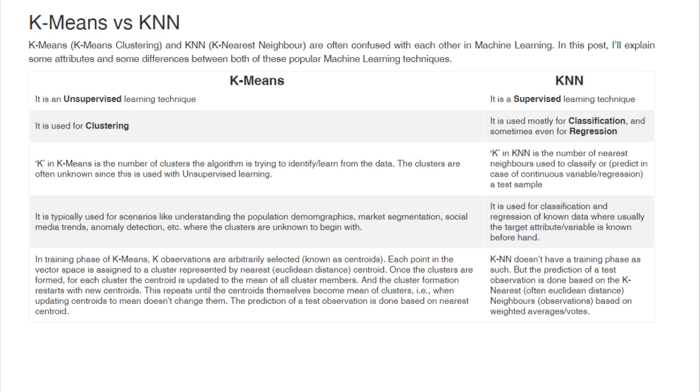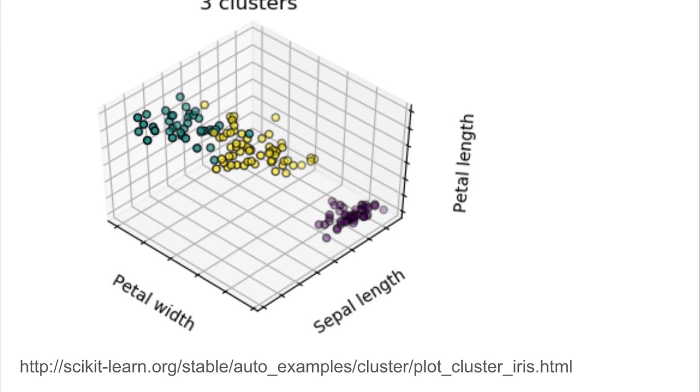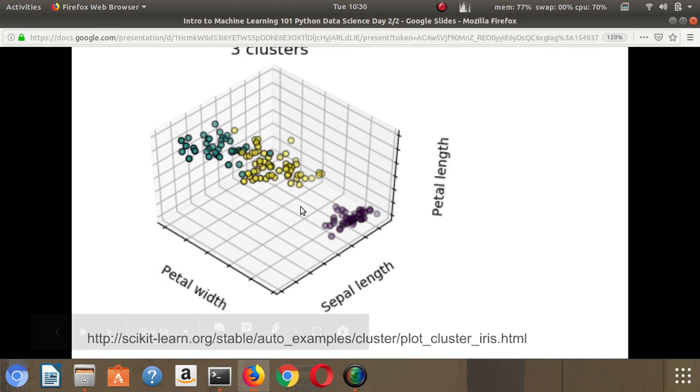K nearest neighbor is supervised learning, mostly used for classification and sometimes even for regression. The k is the number of nearest neighbors used to classify or predict, and it is not the number of clusters. It is used for classification and regression of known data, where the target attribute is known beforehand. So that is clustering, and the hands-on of this would be done using the iris dataset.